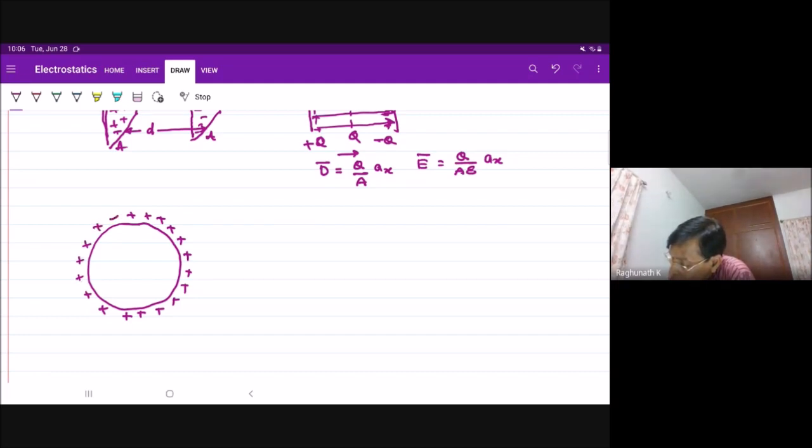If it is charged with Q coulombs of charge, this charge will be uniformly distributed on the spherical surface. Listen, if you are not happy, I will explain it in different ways. Don't worry.